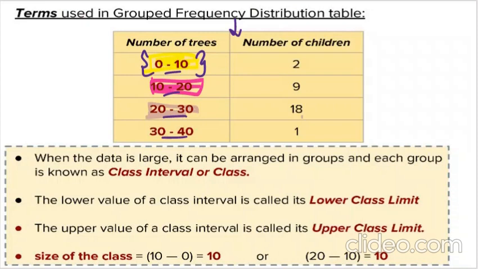What is the group known as? Class. So how many classes are there in this data table? There are 4 classes, 1 2 3 and 4, correct.